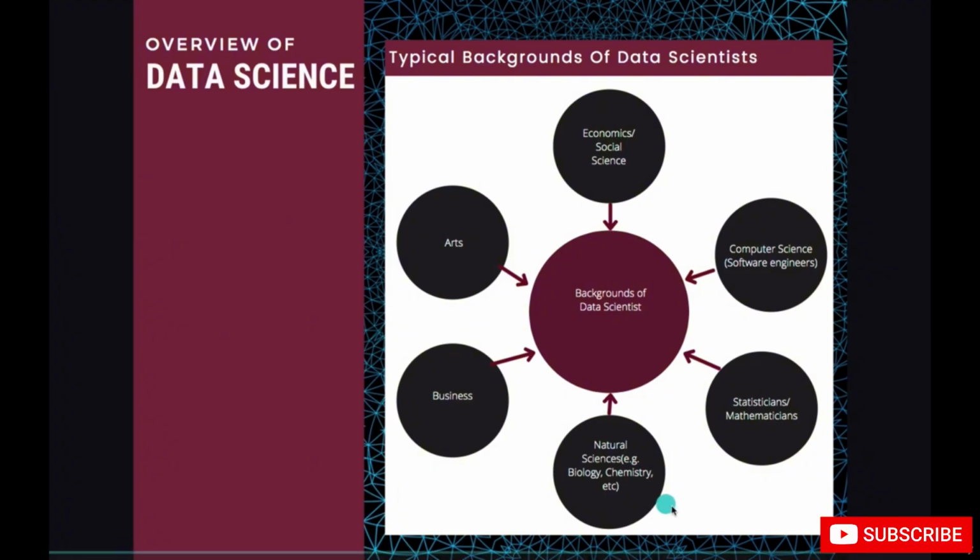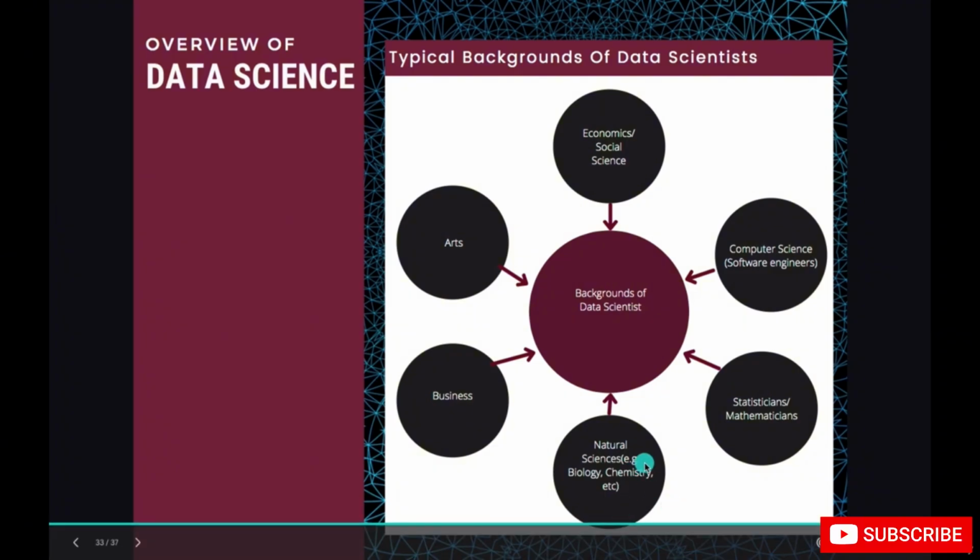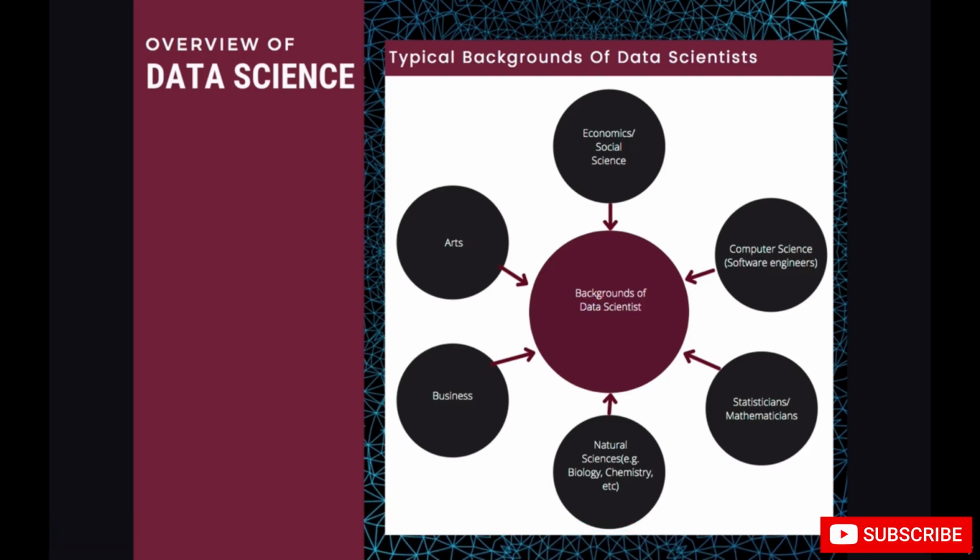If you're a biologist, a chemist, or a medical professional, you just learn the skills of data science and then apply them over there. It's not like you have to leave your domain and learn something supernatural. No, you are learning data skills to apply them over there, and that makes you the data scientist, right?